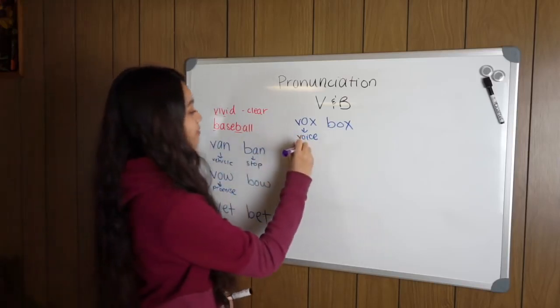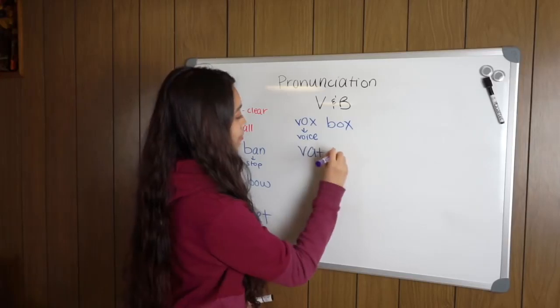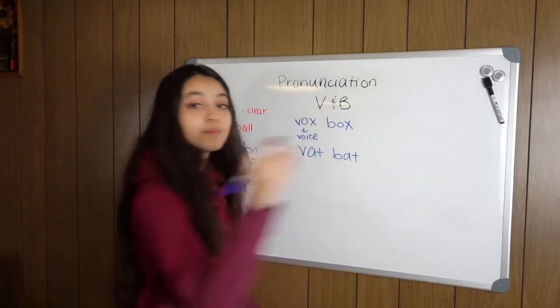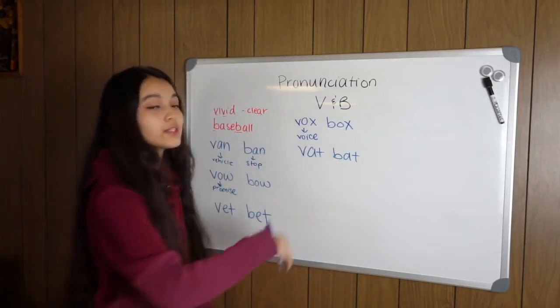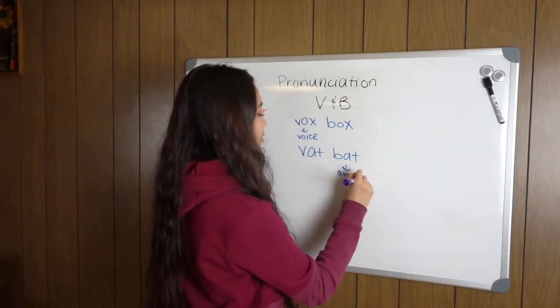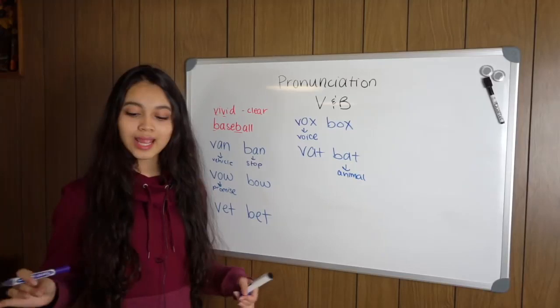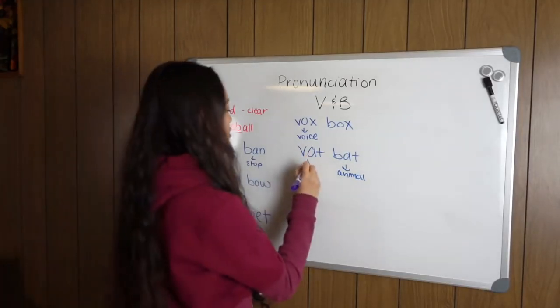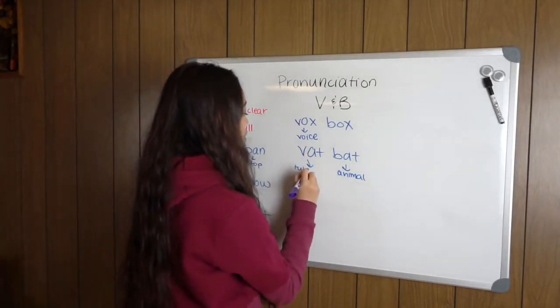There's also vat and bat. Then going back to baseball, I'm sure you guys know what a bat is, but it can also be an animal. Okay? And if you don't know what a vat is, it is basically just a tub or a tank.